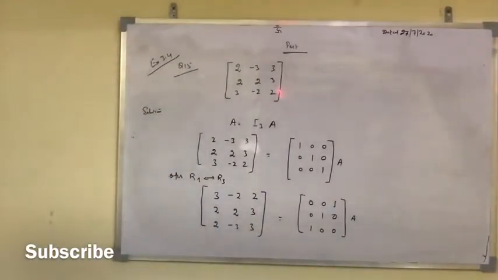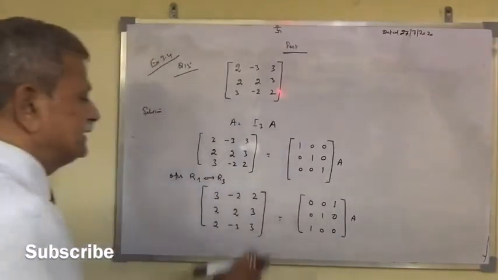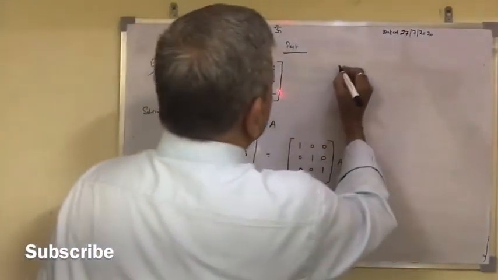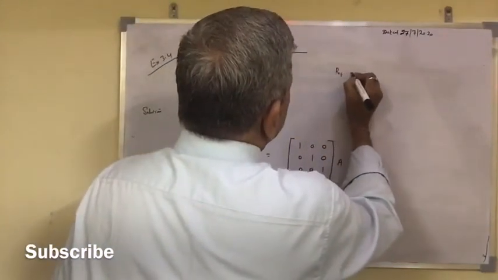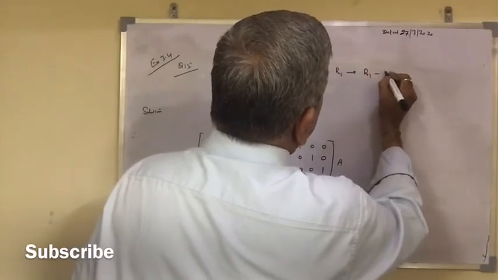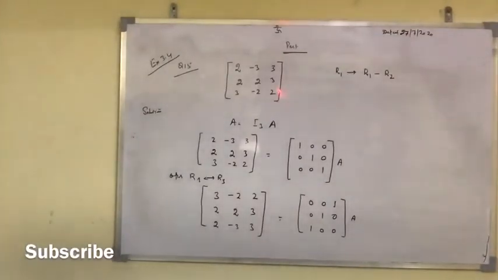This is the first operation, and it has to be done on both the left hand side and the right hand side. Now I use the operation R1 becomes R1 minus R2. This is the next operation I'll do.